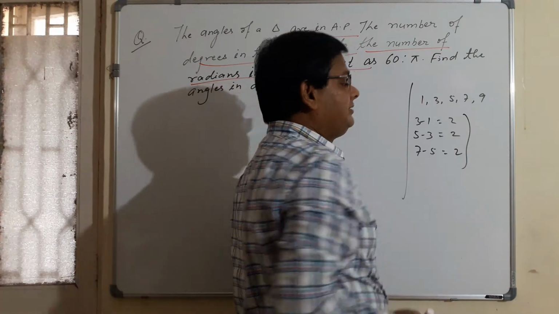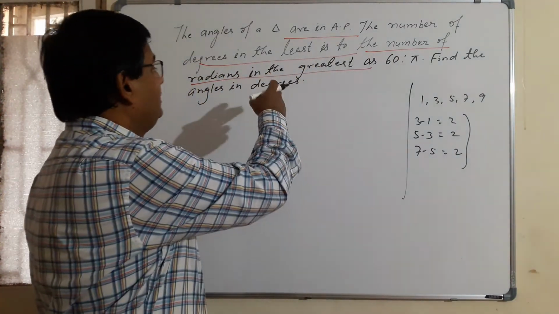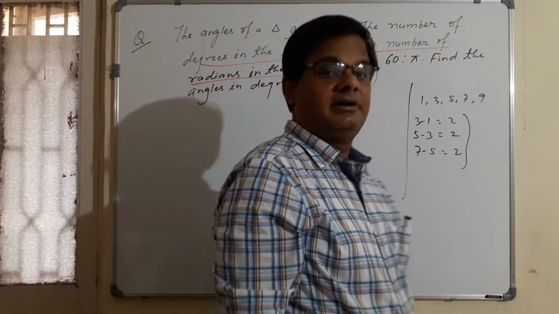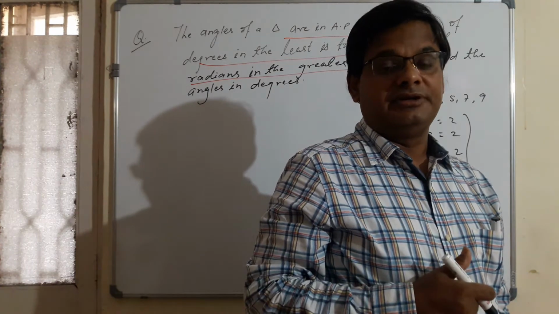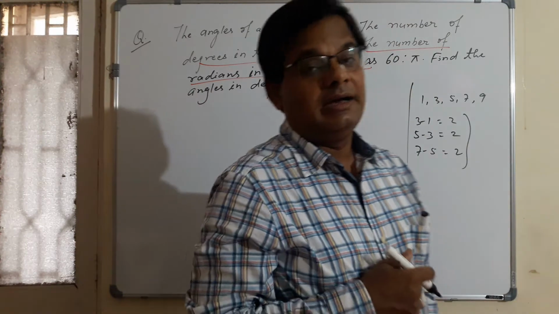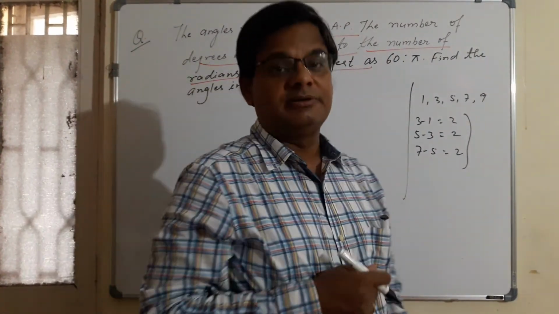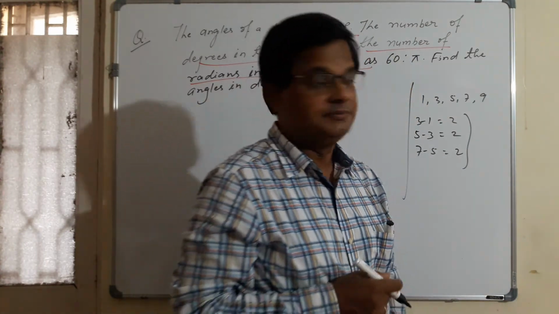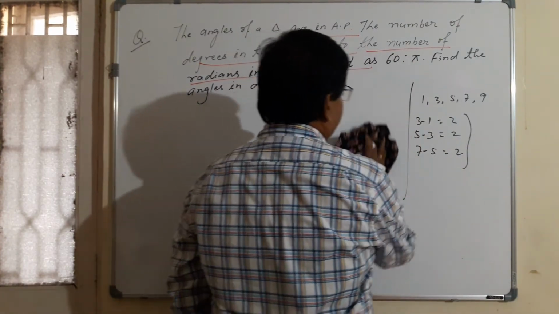These are arithmetic progression. In the next chapter, arithmetic progression, geometric progression and harmonic progression are there. But in your syllabus only arithmetic progression and geometric progression are there. So see here, in this question arithmetic progression is there.